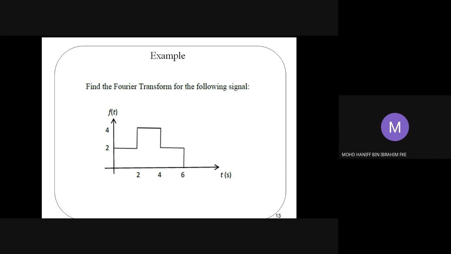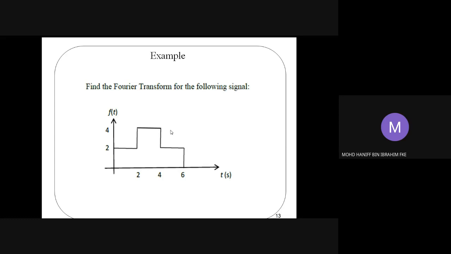The other one is also a rectangular function, with a duration from 2 to 4. Each of these signals has the same amplitude of 2.